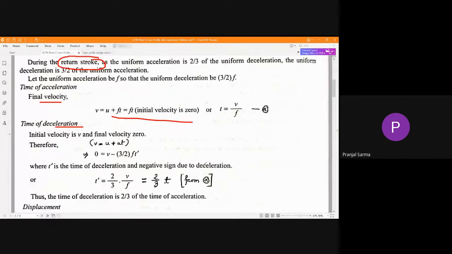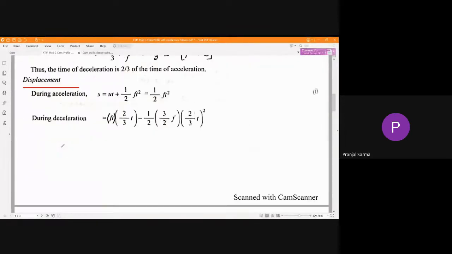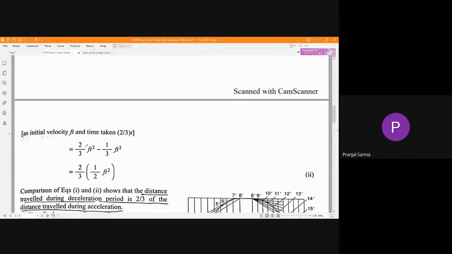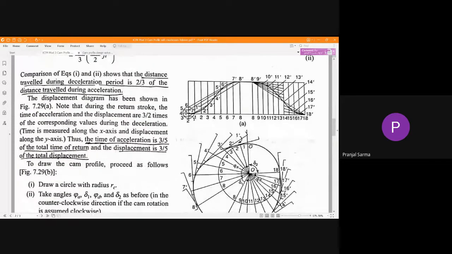And from there we could obtain the corresponding displacement during the acceleration portion and during the deceleration portion. We saw that the distance traveled during deceleration is two-thirds of the distance traveled during acceleration. And that's why, if you recall, in the first step we drew the displacement diagram.